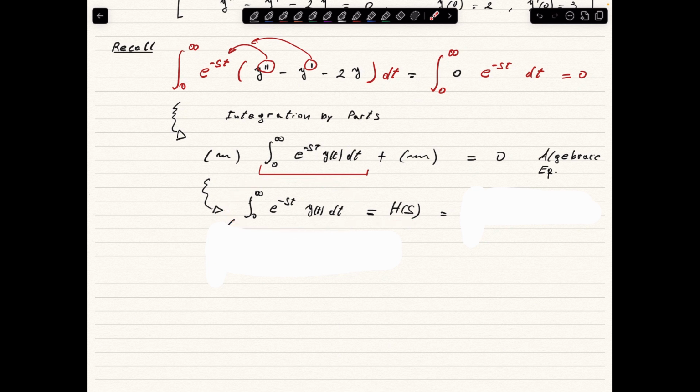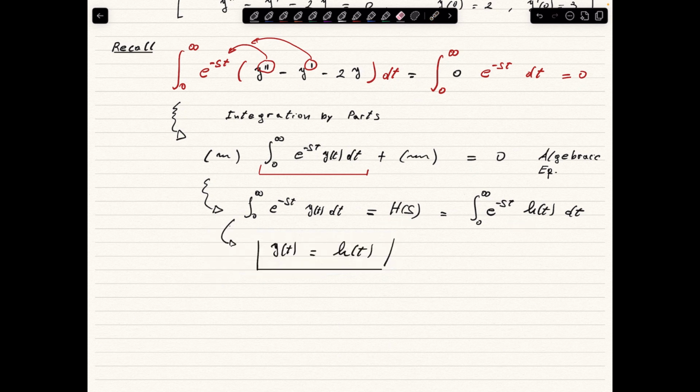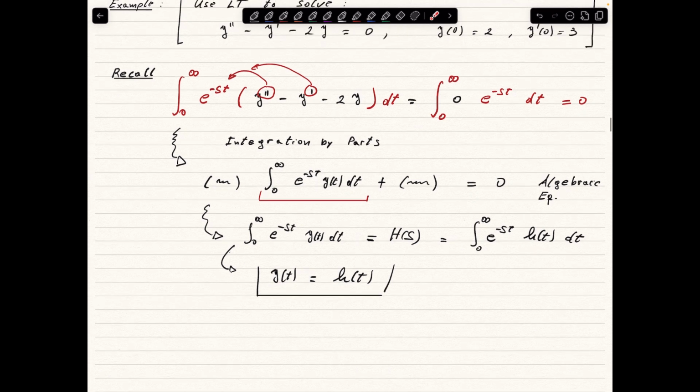So we have solved the algebraic equation, and now we need to find a function small h so that the Laplace transform of that function is big H. If we do that, then we have solved our problem, because the function we are looking for is this small h.